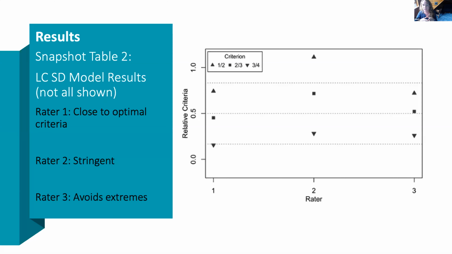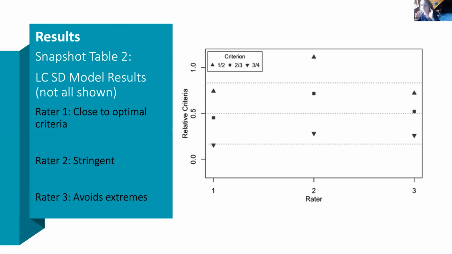And so what you see here from this graph is that rater 1, that first group, they are almost right on with the optimal ratings. So they're just really knocking it out of the park. Rater 2, they are also kind of close to the optimal ratings, but what you can tell, because all of the symbols are shifted up, is that they're very stringent in their ratings.